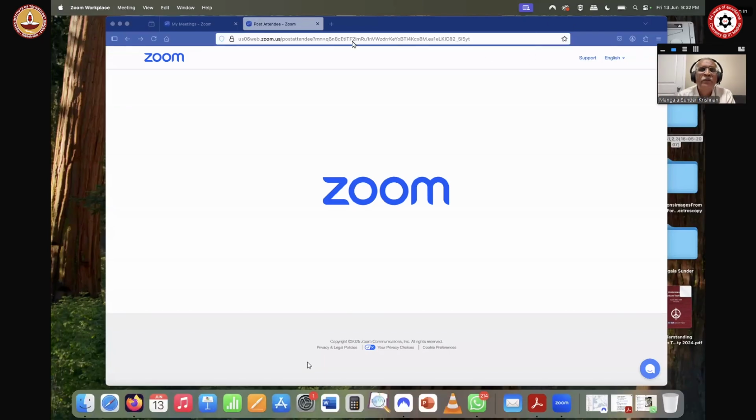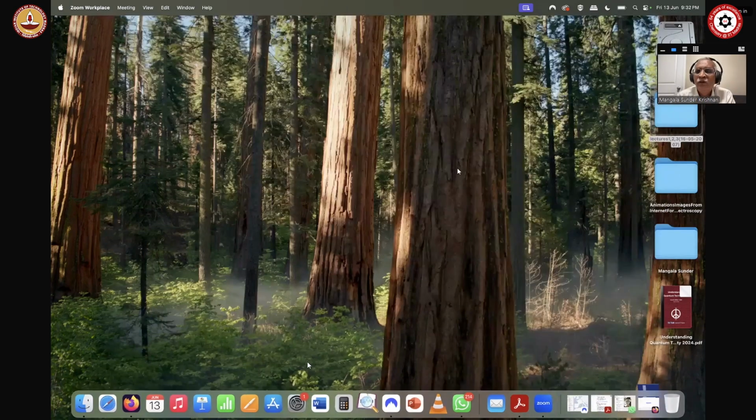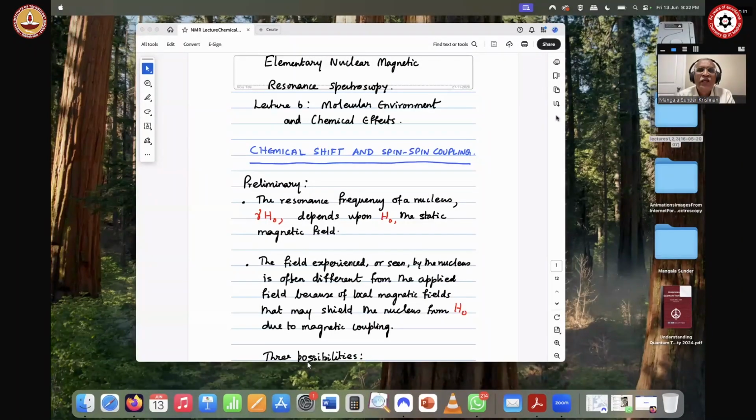Okay, so let me share my screen, and you should be able to see my screen right now, and also the PDF file which says chemical shift. Are you able to see that file?